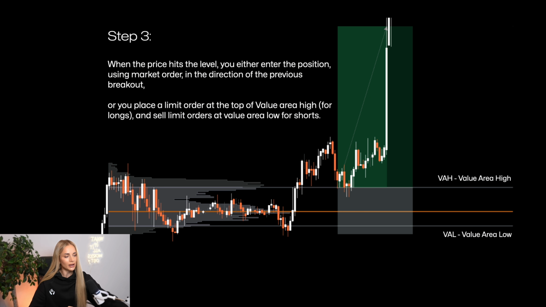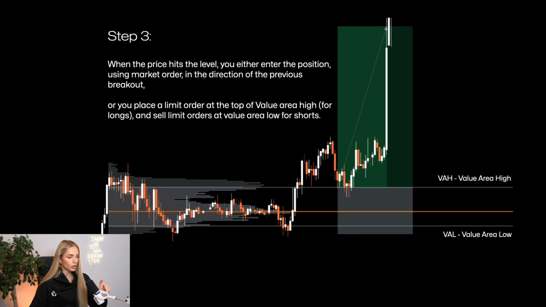When the price hits the level, you either enter the position in the direction of the previous breakout using the market order, or you place a buy limit order at the top of the value area high for longs and sell limit order at the value area low for shorts accordingly. No need to wait for any other sort of confirmation. You are good to go.